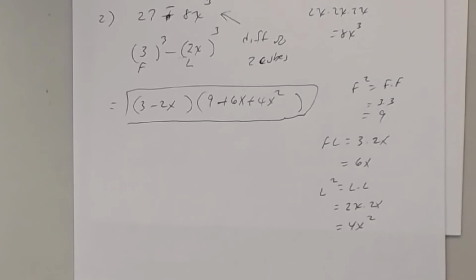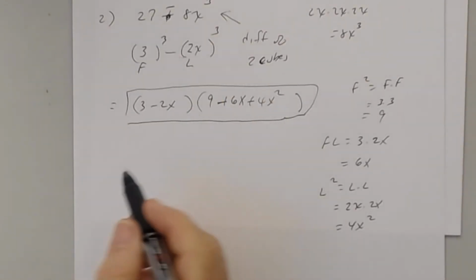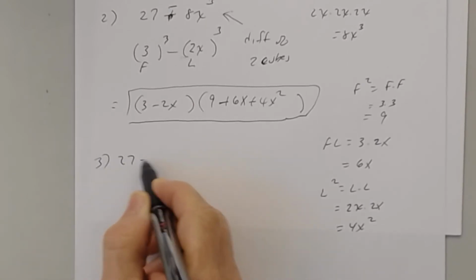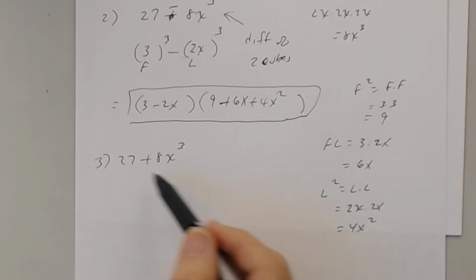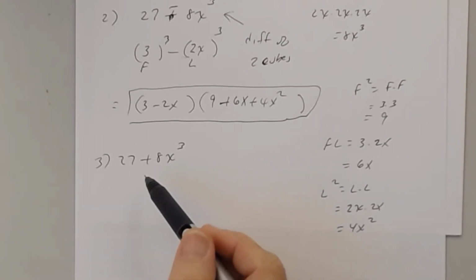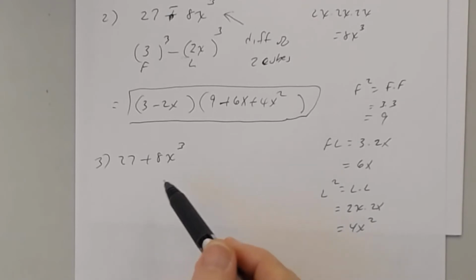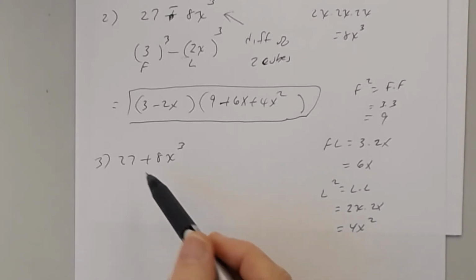All right. Now, you remember a while ago, when I did this, I had 27 plus 8x cubed. Okay. But is this the difference of two cubes? No, you know it's not the difference of two cubes, for the main reason being what? It's an addition symbol.